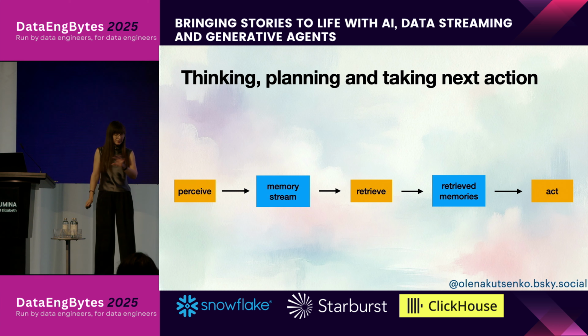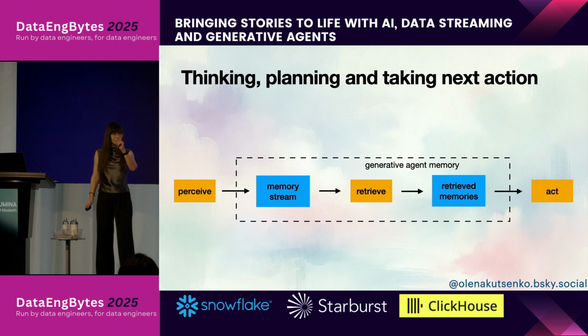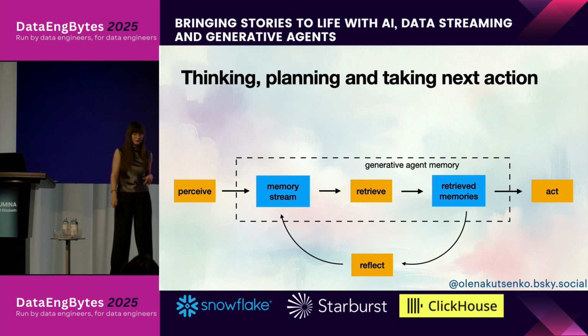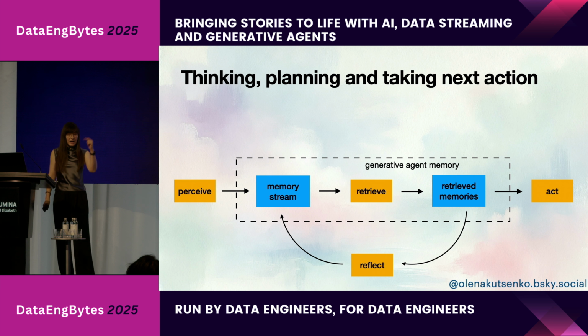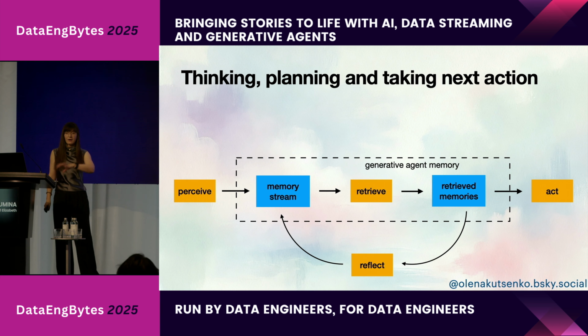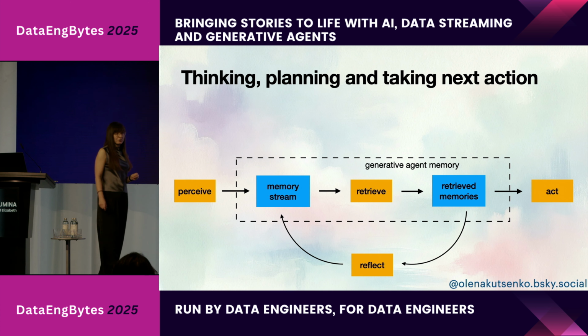This looks like the basis of generative agent memory, but there is an important part which right now we see more and more with models, but at that point in time was a new thing: reflection. From time to time, independently of what is happening, agents have a moment to reflect on what is happening around them and put more memories into the memory stream.